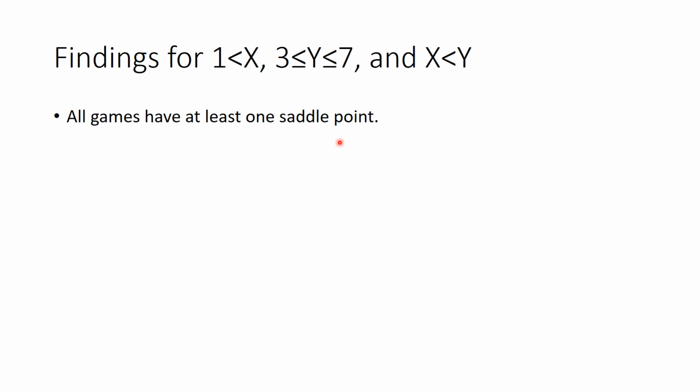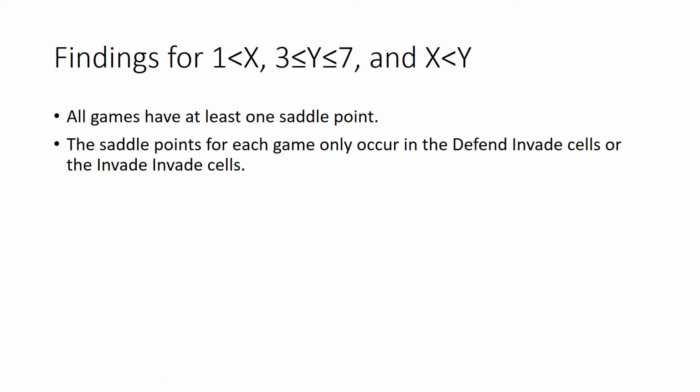We have these findings: all games have at least one SATA point. The SATA points for each game only occur in the defend invade cells or the invade cells. So we can say that they are always under Y invade.